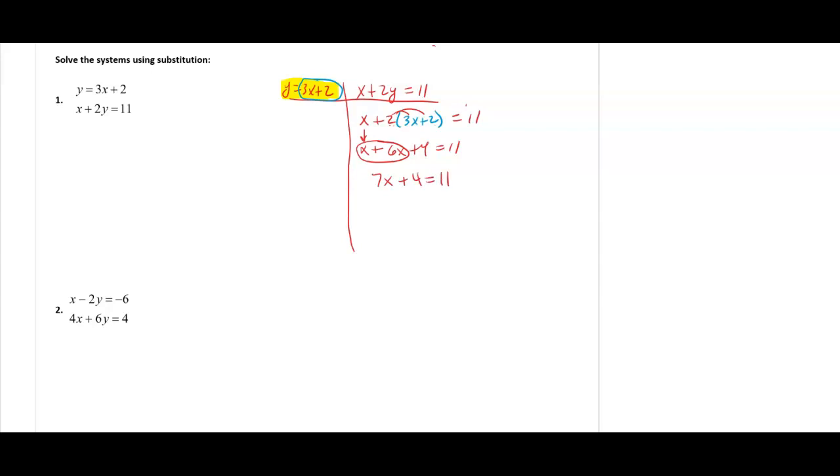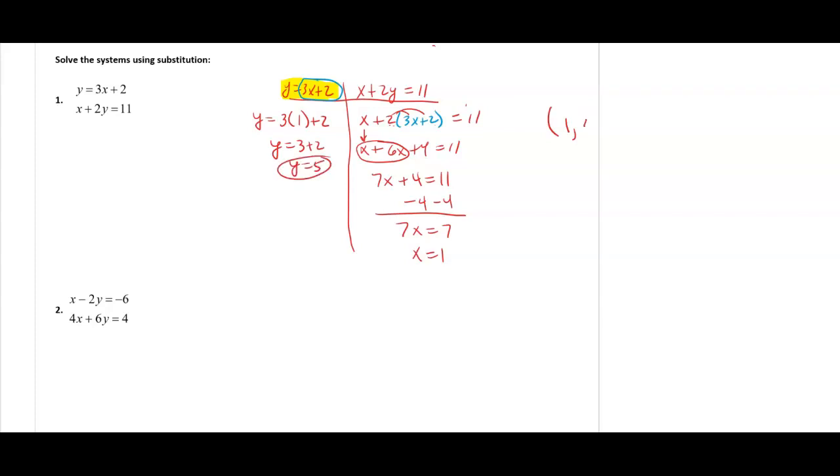Now again, my steps to solving for x, I subtract 4 since it's positive 4. Subtract 4. 7x equals 7. Divide by 7, x is equal to 1. I have my x coordinate of my solution, which is 1. Now I have to find y, so I go back up here. I plug that x value in. 3 times x is 1, so 3 times 1 plus 2 would give me 3 plus 2, which is 5.